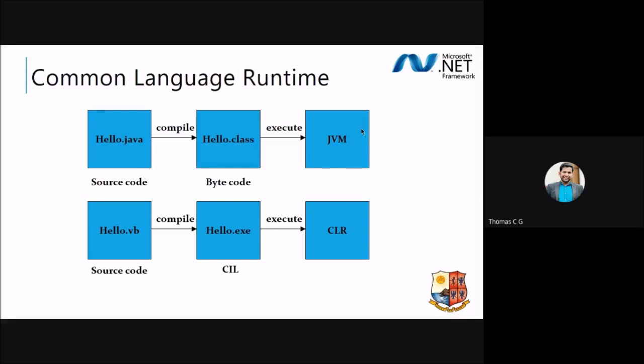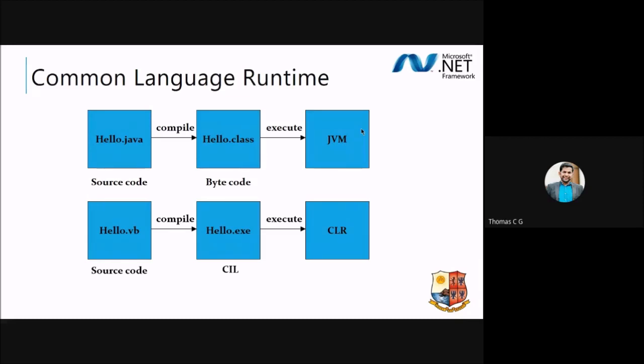I guess by now you know what that means, because almost all things which you run on your Windows is an exe file. The exe is nothing but common intermediate language. In Java, you call it bytecode. Here, we call it CIL, common intermediate language. Once you double click on this exe, it executes on top of your CLR just in time.